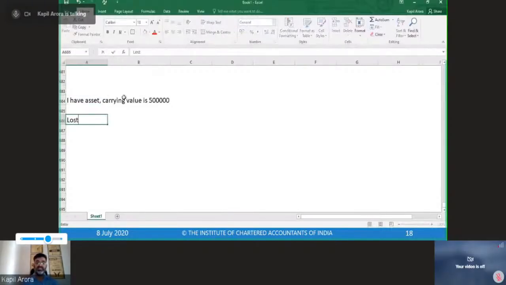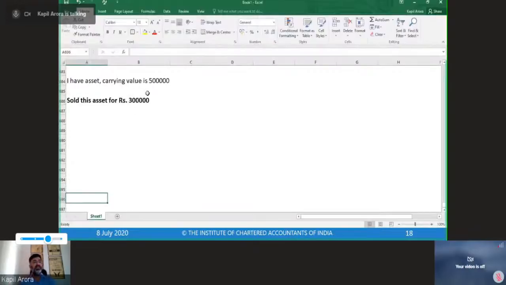I sold the asset for rupees 3 lakh. Now what kind of activity is it? Is it financing, investing, or operating? When an item is sold for less than the carrying value, there is a loss on disposal of 2 lakh.